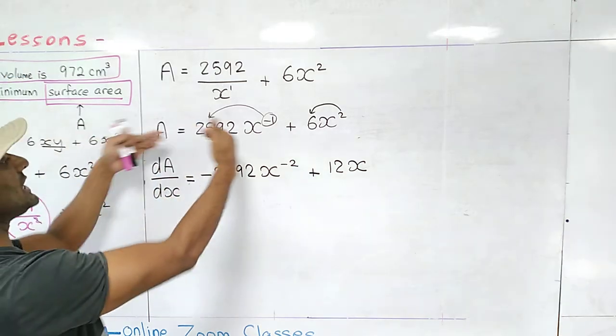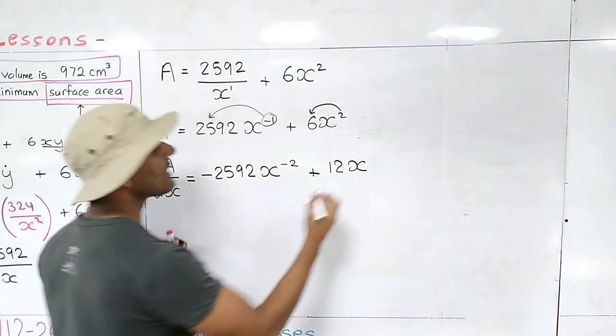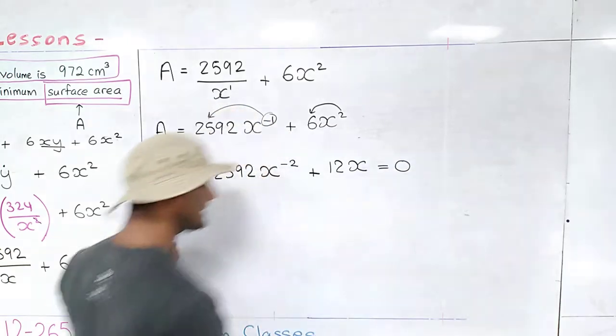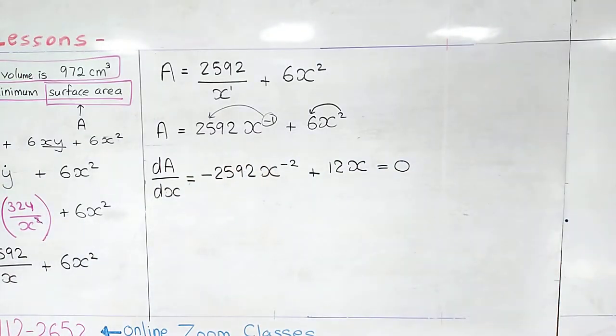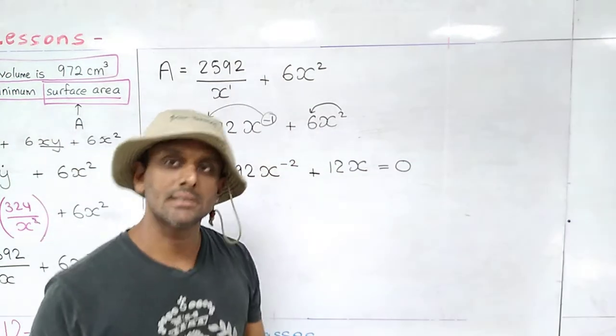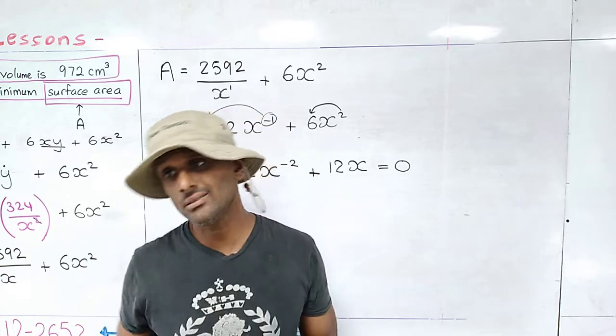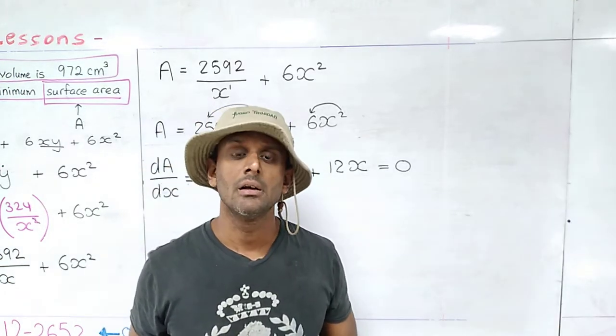When you differentiate once in a maximum and minimum question, you have to put this equal to 0 and solve for x. When you solve for x, sometimes you get 1 value for x, sometimes you get 2 values for x, and in rare conditions you get 3.